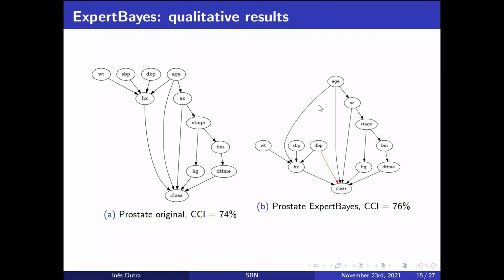And here is the change that improved the results of ExpertBayes running for a number of iterations. ExpertBayes decided that this network here is exactly the same as this one. The only thing that ExpertBayes did here was to put a link between DBP, that's diastolic blood pressure, and the class, that was survive or not survive, and the accuracy increased to 76%.